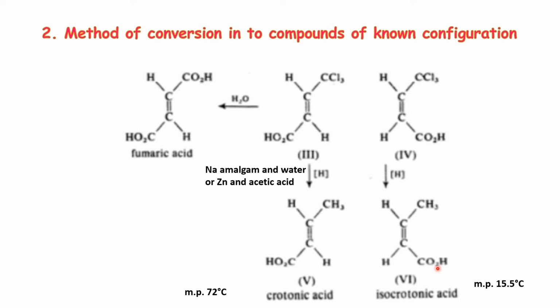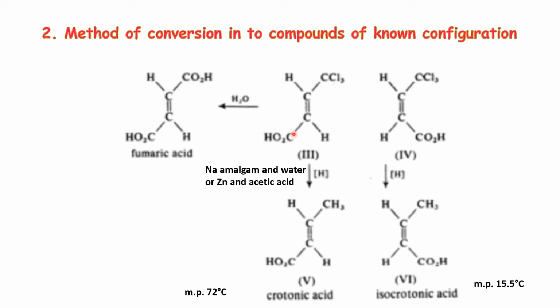Now if you are preparing derivatives of these, like trichlorocrotonic acid, then converting them into crotonic and isocrotonic acid can easily reveal configuration. The isomer which, upon heating with sodium amalgam and water or zinc and acetic acid, gives us crotonic acid has to be the trans isomer, and the other isomer which gives us isocrotonic acid must be the cis isomer.